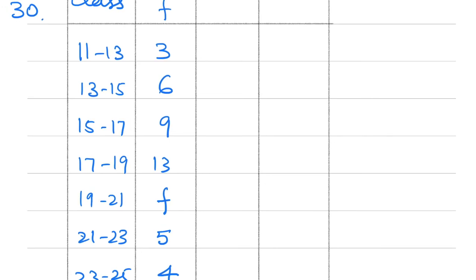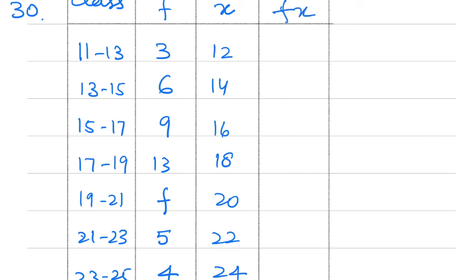Here we are going to find out the class mark, the midpoint of the class interval. So here we have 12, 14, 16, 18, 20, 22 and 24. Then we need to find out the value of frequency times x.